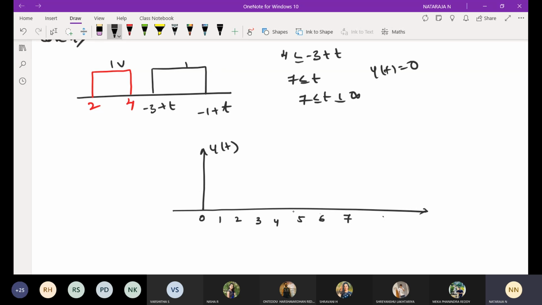After 7 it will be 0. Now I am going to sketch the signal for y of t.